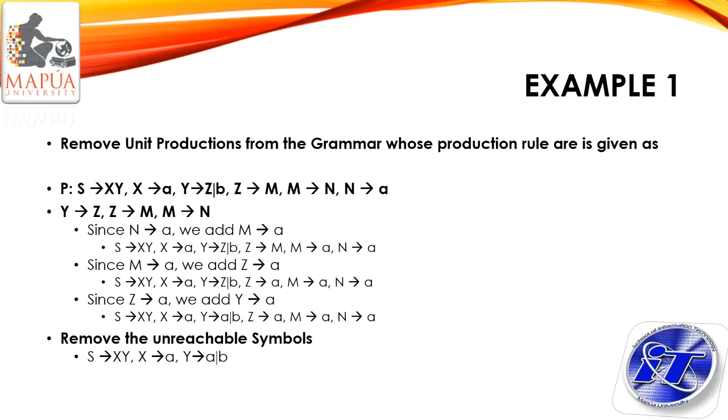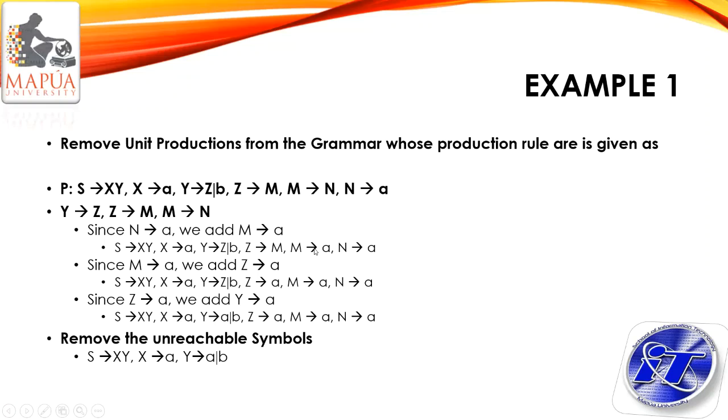Therefore, we could introduce M maps to a. Since N will yield a, M will yield a through N. So we could introduce M maps to a, and then in step 2, remove M maps to N, since it is replaced by this new rule.